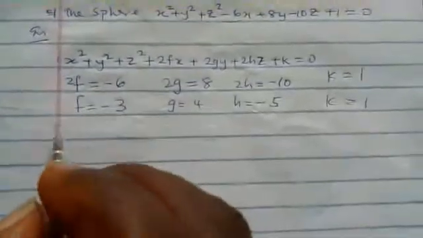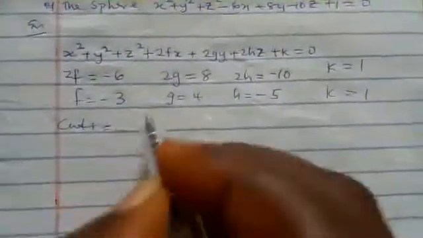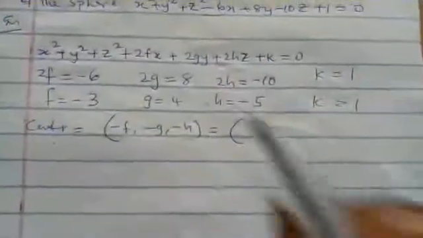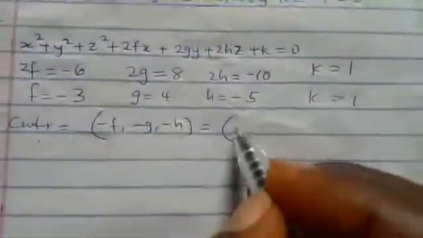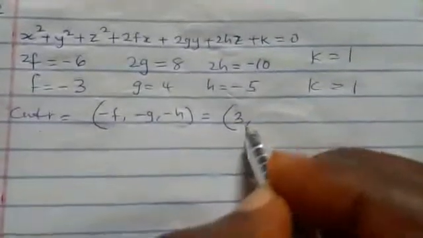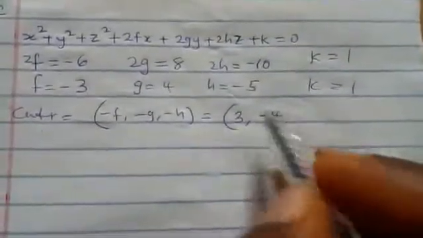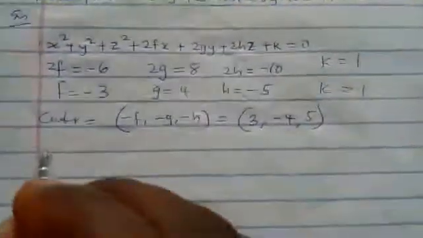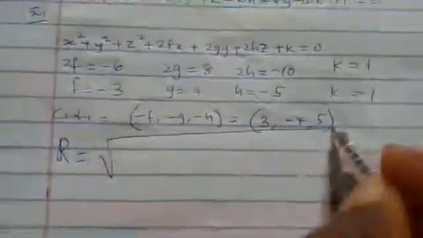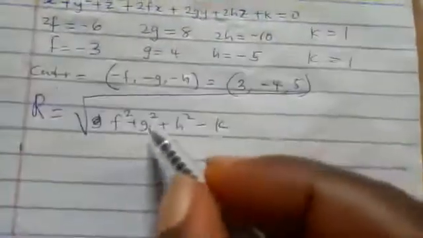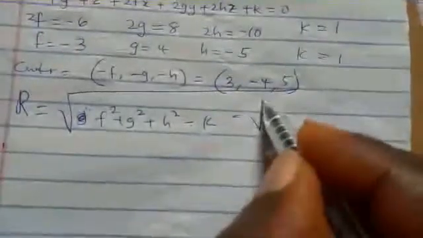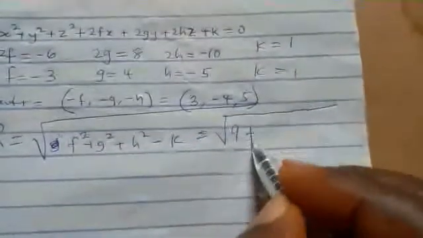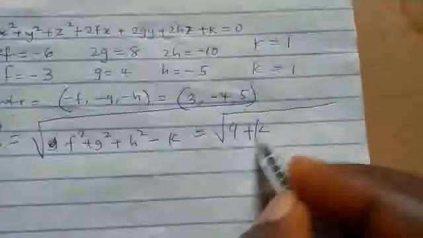So from that place, we can find the center. So we know that the center is this. And if you put it there, f is minus 3, so minus f will be 3, minus 4. h is minus 5, then minus h will be 5. So we know that our radius is this, which is the same thing as f squared, which will be 9, plus we know our g squared will be 16, that is 4 squared.